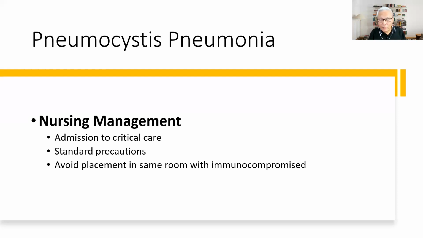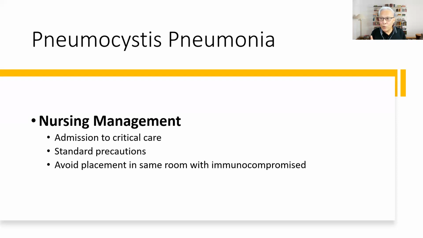Now, because they're so ill, they always have to be in critical care. And the mode of transmission of the pneumocystis is not going to be airborne. So it is a standard precaution. This is a common question in NCLEX, right?